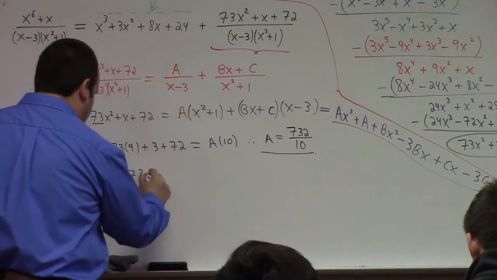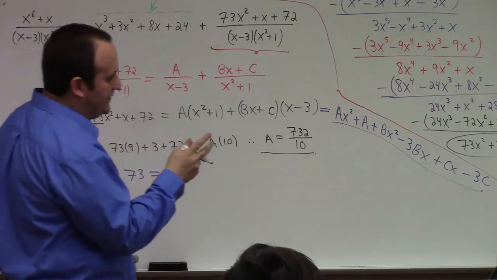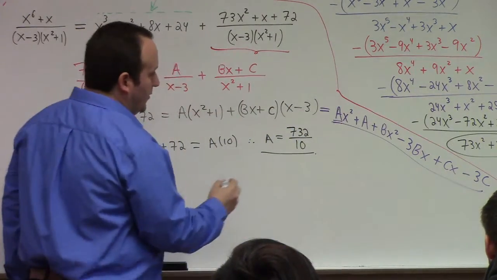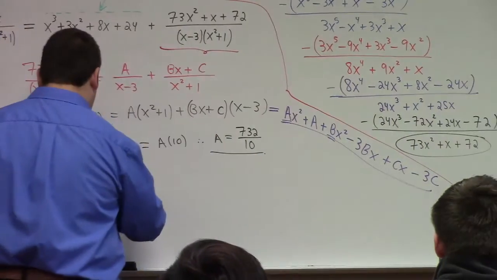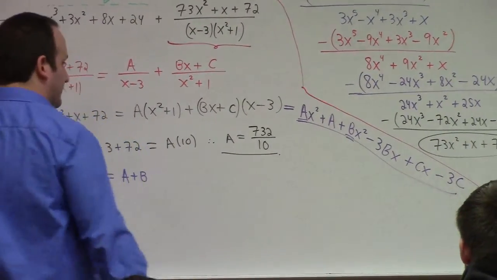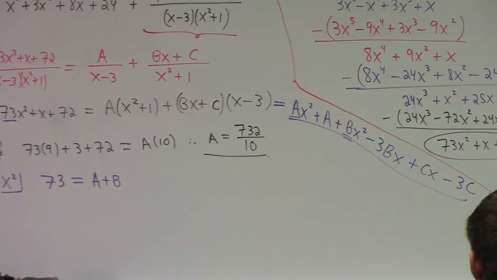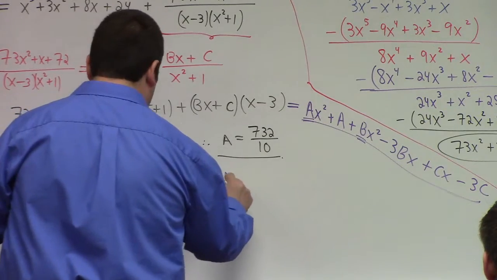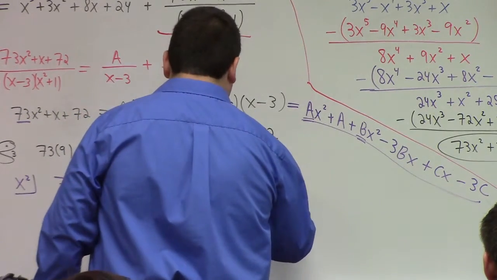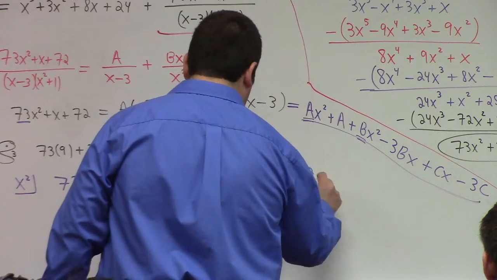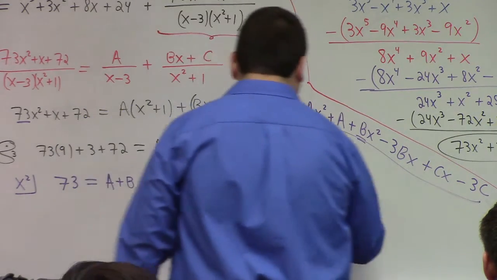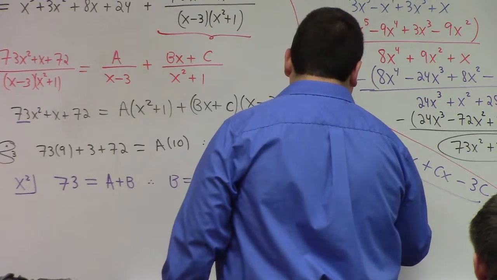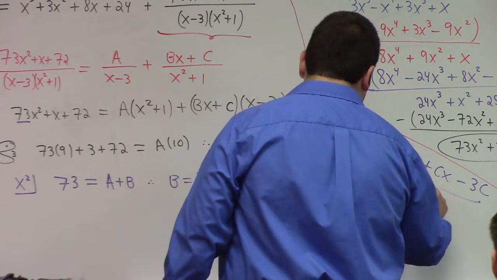So we have 73 is equal to the coefficient of x squared on the right-hand side, which is just a. And there's also a b. Okay, so a plus b. Oh, but we know what a is, right? So therefore b is equal to 73 minus a, which is 730 minus 732 over 10, which is minus 2 over 10, aka minus 1/5. So there's b.